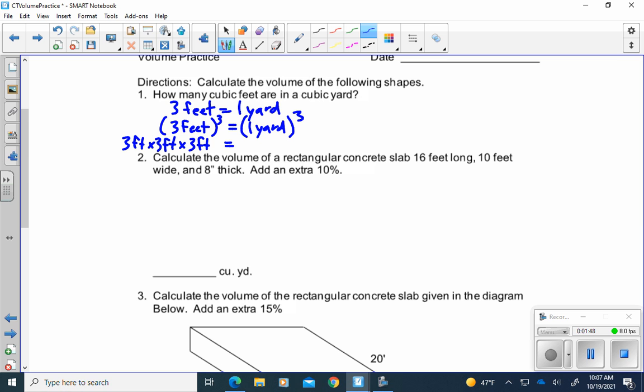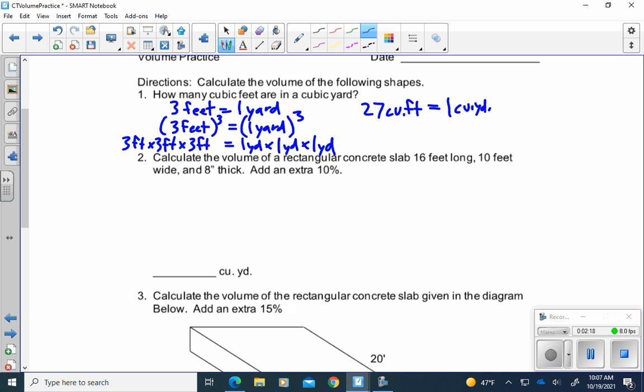And 1 yard cubed is 1 yard times 1 yard times 1 yard. 3 times 3 times 3 gets us to 27 cubic feet. Feet times feet times feet is cubic feet. And then 1 times 1 times 1 is 1. Yards times yards times yards is cubic yards. So 27 cubic feet and 1 cubic yard.